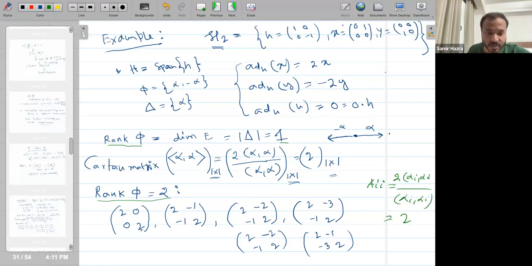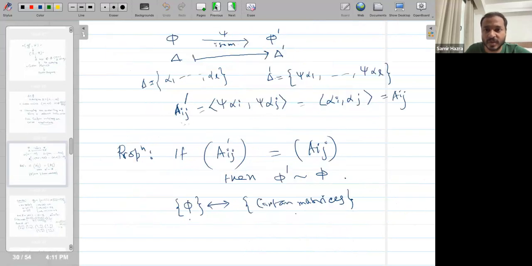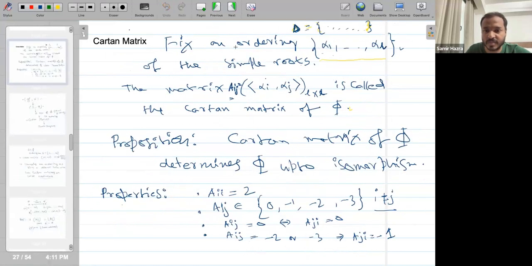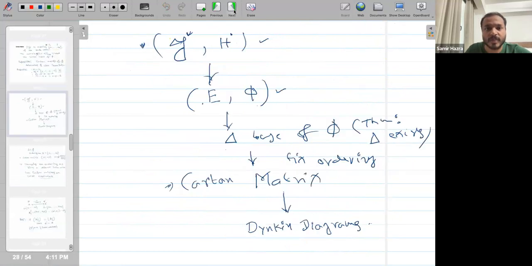So diagonal elements are always 2. And what are the other non-diagonal entries? Non-diagonal elements can be 0, -1, -2, -3, subject to these two conditions.